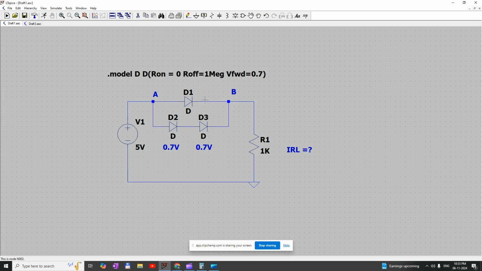Once it starts to conduct, the voltage across node A and node B will be 0.7 volt, because the cut-in voltage of the diode D1 is 0.7 volt. Because of that, the diodes D2 and D3 will be off.